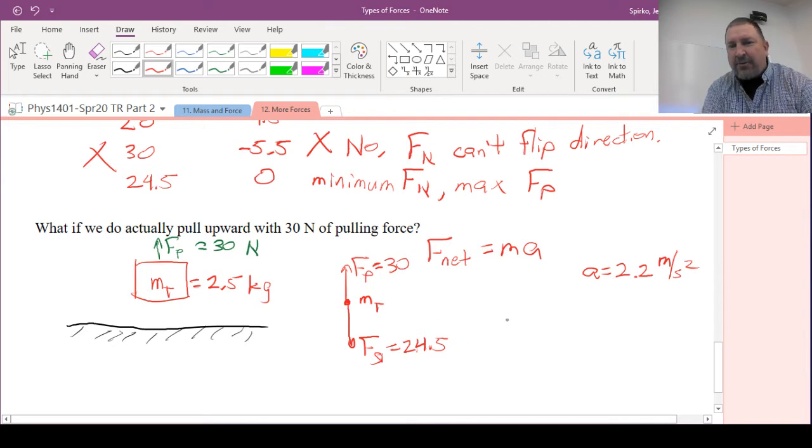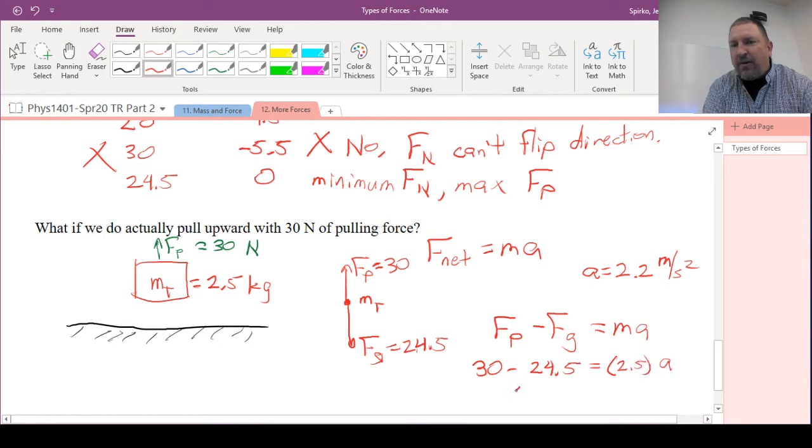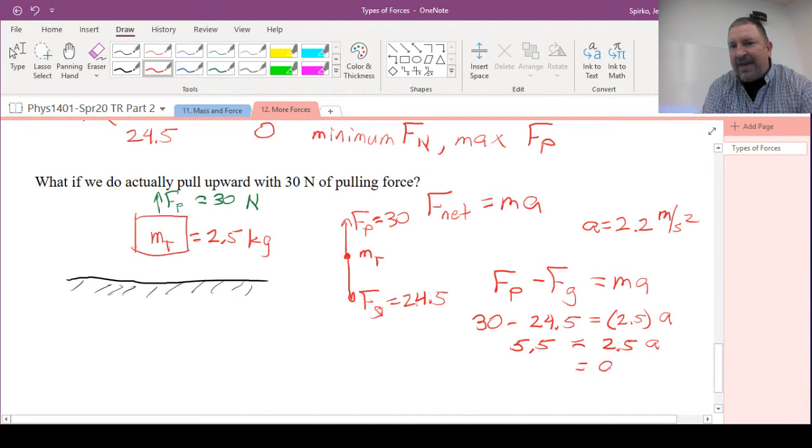So when we make our equation, it's F pulling minus FG equals MA, or 30 minus 24.5 equals 2.5A, or 5.5 equals 2.5A, which is where I got A equals 2.2.